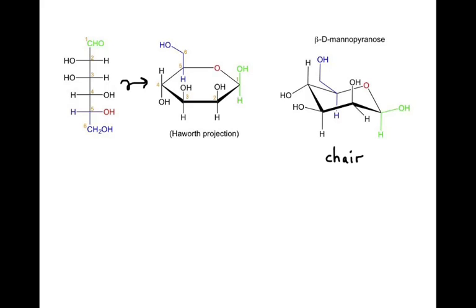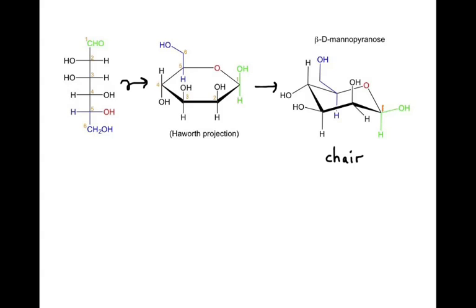And in the chair form, what we're doing is basically just converting our Haworth projection into the chair. Normally, we start with a D, which means the CH2OH is up, and normally that CH2OH goes into the equatorial position. So this is the typical chair that you'll see. I guess it'll be useful for me to number our carbons again here.